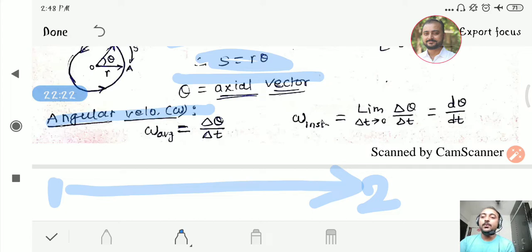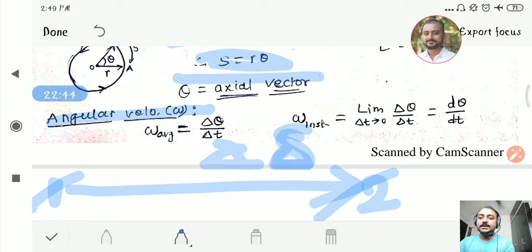It's called the average value of speed. Means what is the average value of velocity when it goes from position 1 to position 2? That is given by this delta, using a triangle, or you may write it like this delta, to indicate this one.